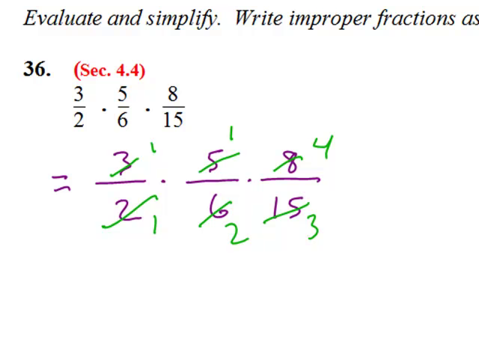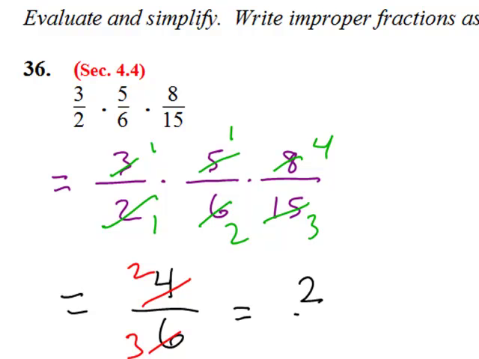We actually can do one more dividing out, but I'm going to see what we have so far. 1 times 1 times 4 in the numerator is 4 over 1 times 2 times 3 is 6 in the denominator, but these do have a common factor of 2, so we divide out by 2 each of them, and the final result then is 2/3.